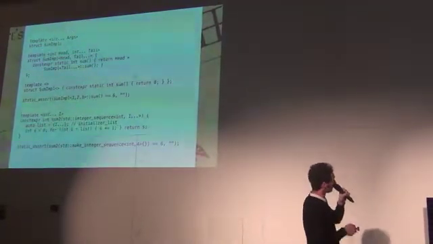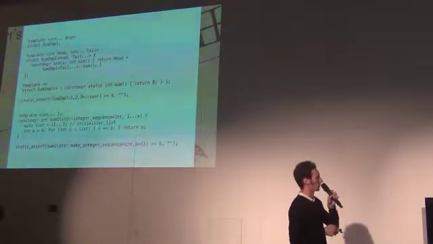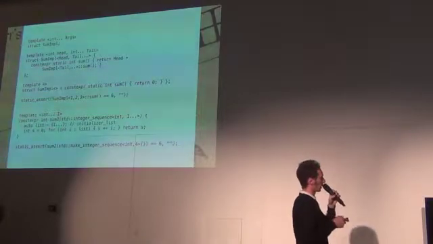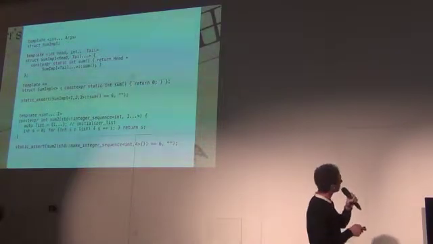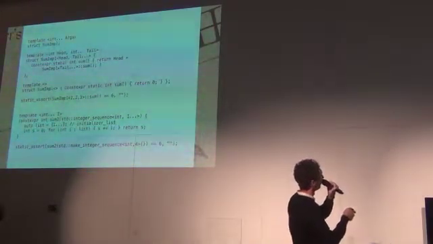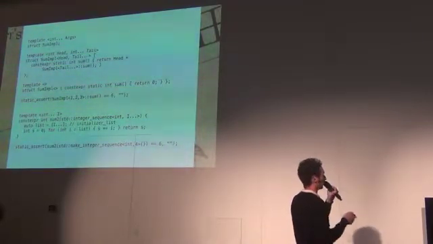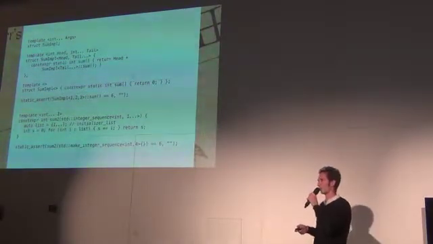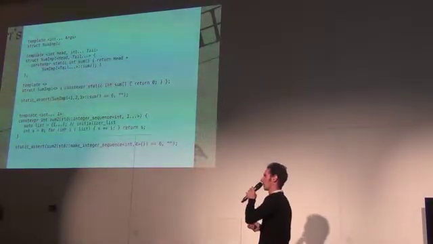In this example, I just want to show you that it's not always needed to use recursive templates. In this example, I just want to summarize 3 numbers, but all during the compilation. So, there is a template struct, a template class. The first question, why is it not a function? It's not a function because you cannot partially specialize template functions. So this is the correct way to overcome this problem.